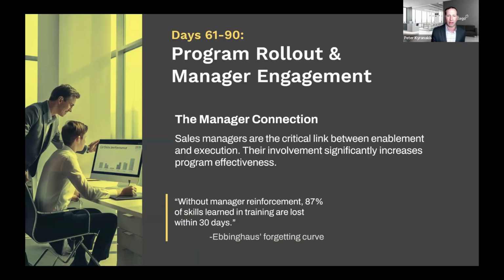I think it's certainly important to make sure you're aligning with your reps and ensuring they understand the value of what's being asked and ultimately how it impacts them. But maybe the single most important factor of a successful enablement program is really getting managers involved.